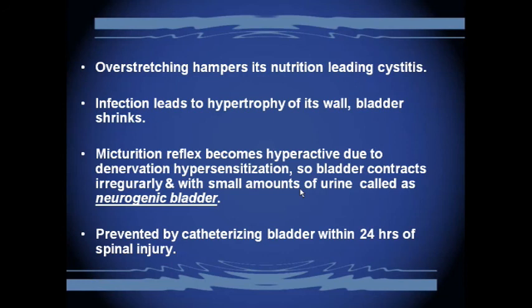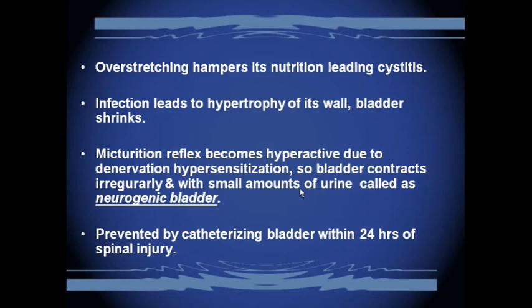And then overstretching because of overflow, what happens? The mucosa will get abraded, and then there will be infection, cystitis, the nutrition of the mucosa will be hampered, and there will be repeated chronic infection, which leads to hypertrophy of the bladder detrusor wall, and the bladder will contract in size, and the micturition reflex becomes hyperactive due to denervation.